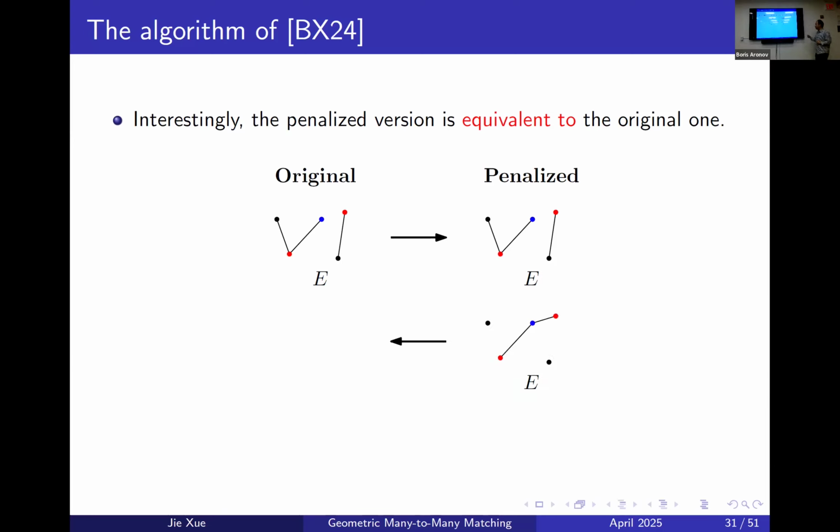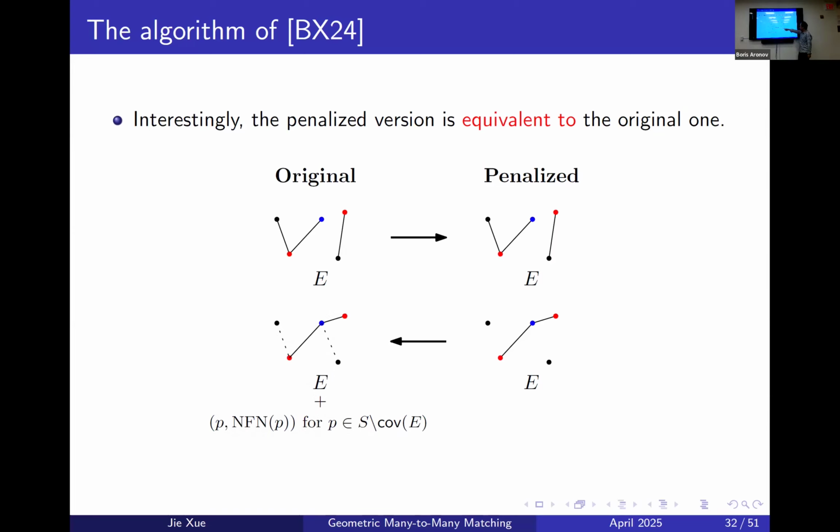But how can you do the other direction? Suppose you have a solution for the penalized version of the problem. Of course, it's not a solution for the original problem because you have points that are not covered. However, what you can do is connect them to their nearest foreign neighbor, and you will get a solution.